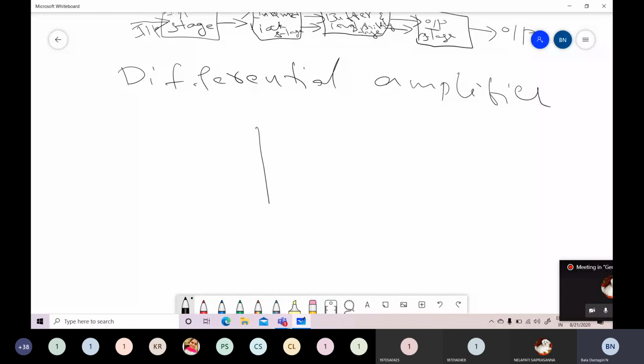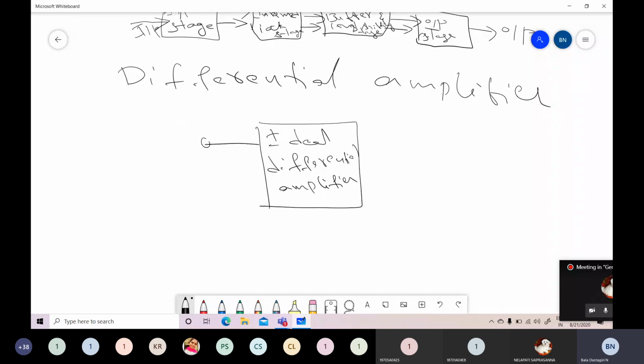So consider a differential amplifier now. For example, take an ideal differential amplifier. This differential amplifier consists of two inputs. Let it be V1, and one more input, let it be V2.